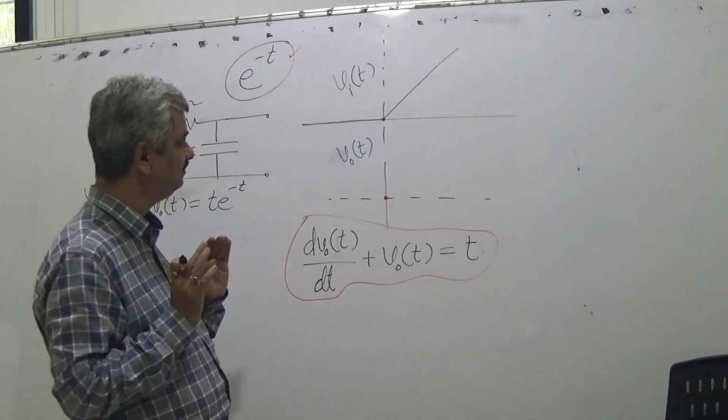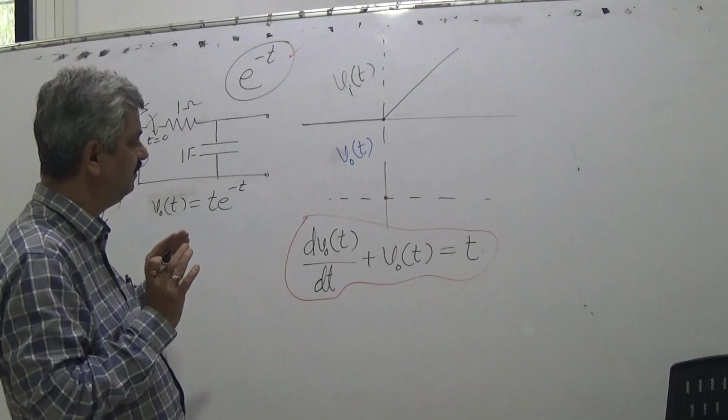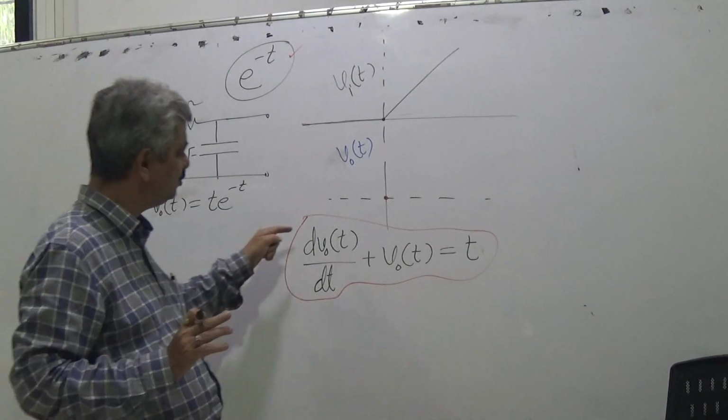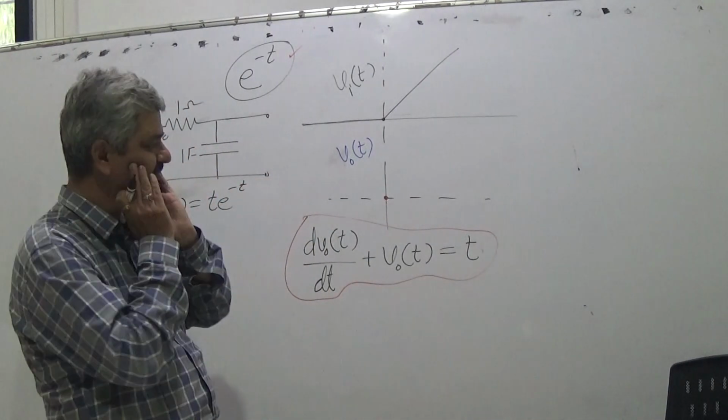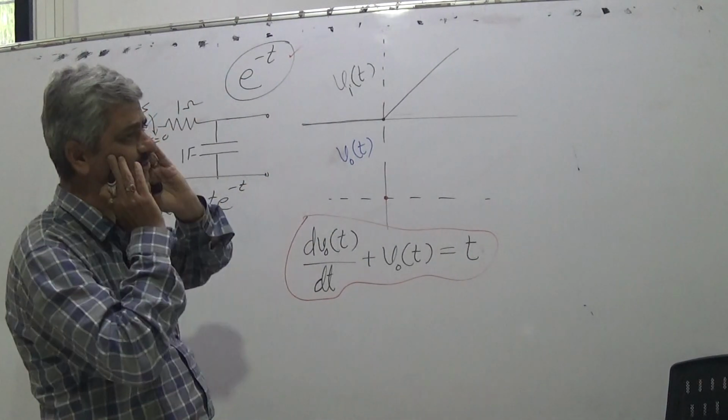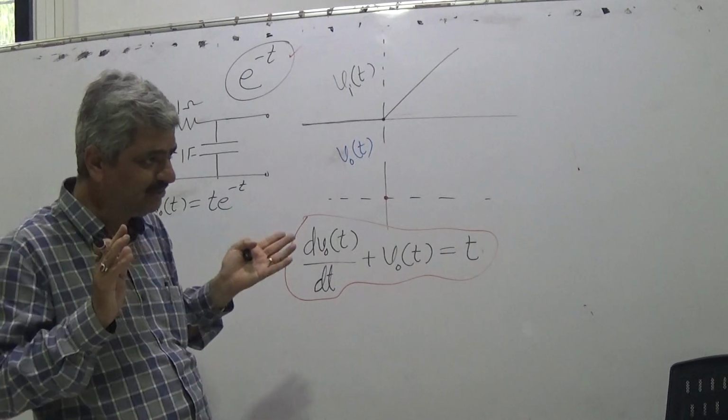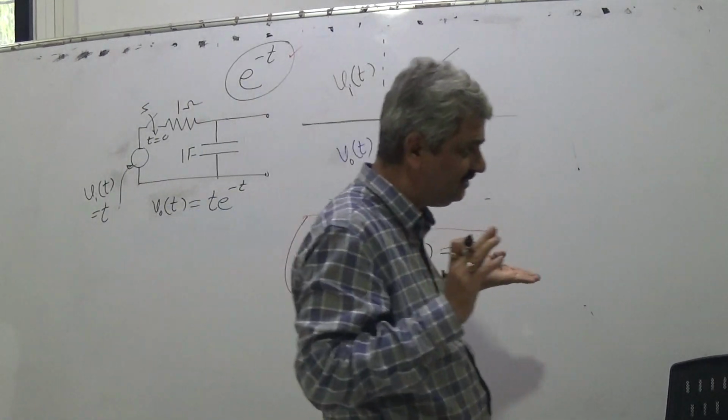So what we want is to find a function whose derivative and the function add to t, that's all. So e raised to minus t, that you might have thought, but you should not consider only the direction which I said.